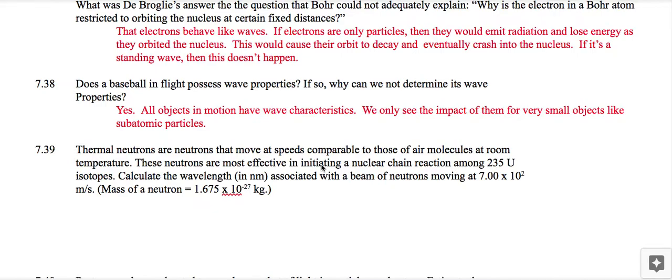Number 38. So de Broglie said that all objects had wave properties, wave characteristics, and so if that's true, we can look at a baseball and say, well, if we're throwing a baseball, why don't we see wave characteristics? Why isn't it going like a sine wave through the air? And that's because of the equation: the wavelength equals Planck's constant divided by the mass times velocity.